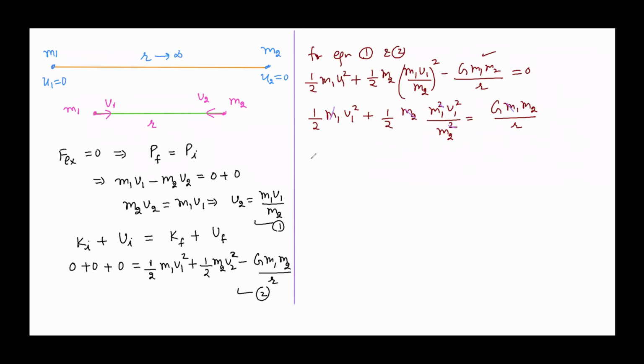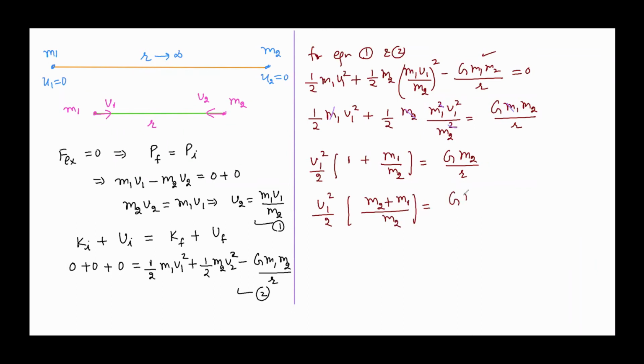So I'm taking v1 square by 2 as common. I'm left with 1 only here, and here half is taken outside, and v1 square is taken outside. I'm left with m1 by m2, which is G m2 by r. You take LCM, v1 square by 2 times m2 plus m1 divided by m2 is G m2 by r. What is v1?